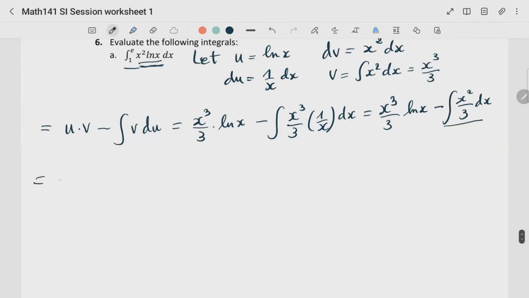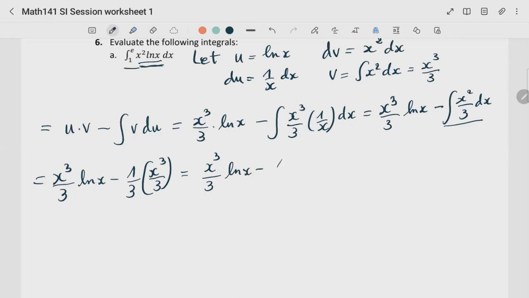Solving that is an easy thing to do. You can take out the 1 over 3, it's a constant, and the integral of x squared is just x cubed over 3, so it's 1 over 3 multiplied by x cubed over 3, which gives x cubed over 3 ln x minus x cubed over 9.